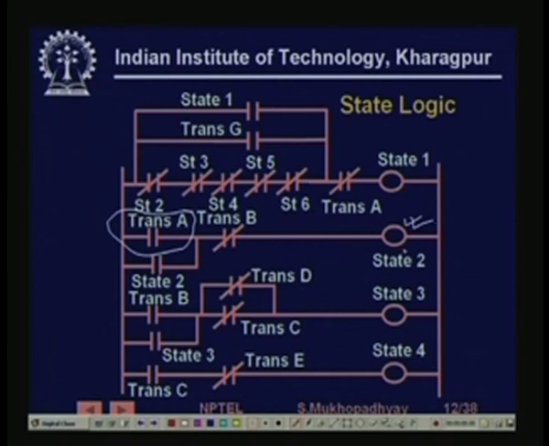Now once state 2 is on, two things happen. Firstly, because state 2 is on, this contact will be on, and this contact will now be off. So in the next scan cycle, when these rungs are evaluated, this will go off, and because of that transition A will go off.